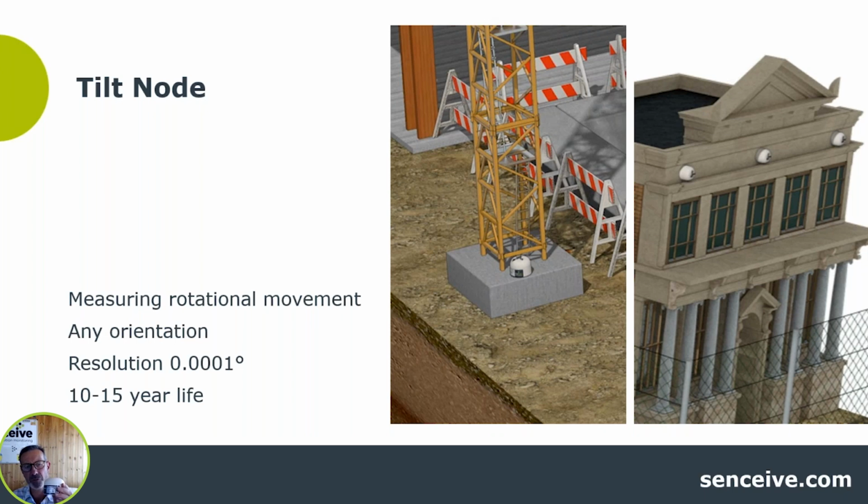This is the biggest of a family of 3 nanos, and I think it's apparent that it's a lot smaller than those in the graphics that we can see here with a bit of artistic license. So in use here, we're looking at the stability of a crane base. We're looking at the integrity of a historic facade of a building here. Very versatile piece of kit used above and below ground for a wide range of different applications.